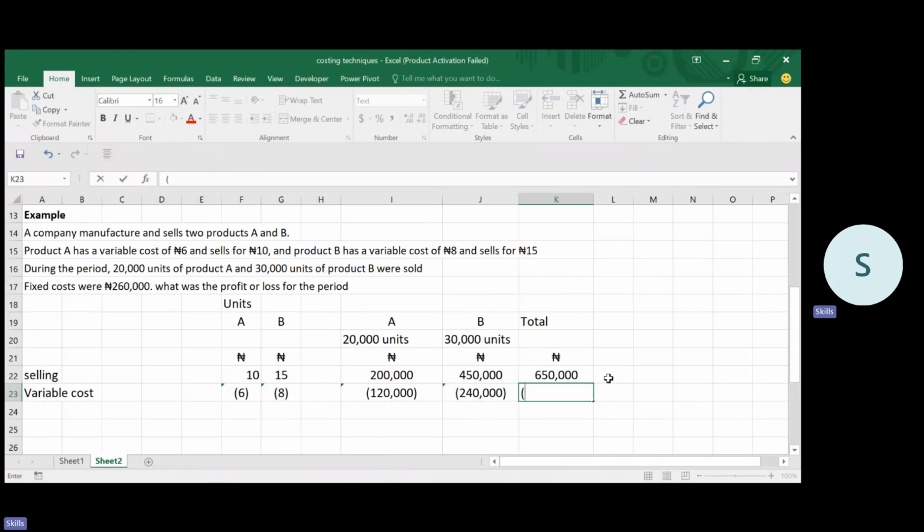So the variable cost will be 360,000. This is the variable cost.